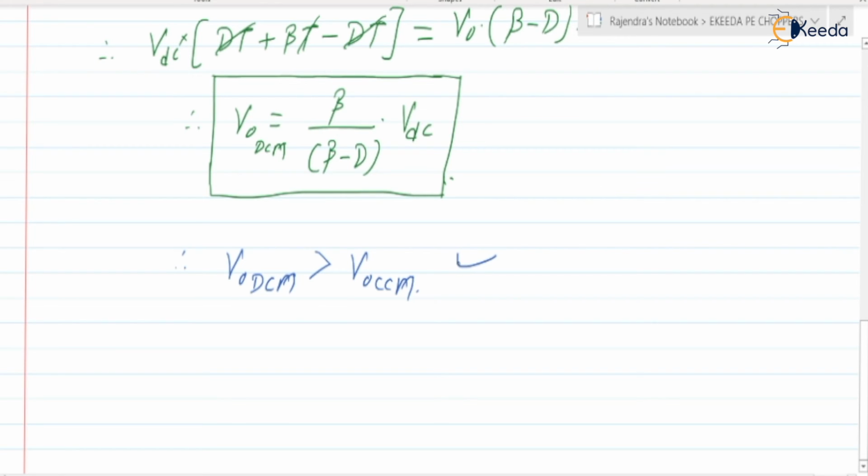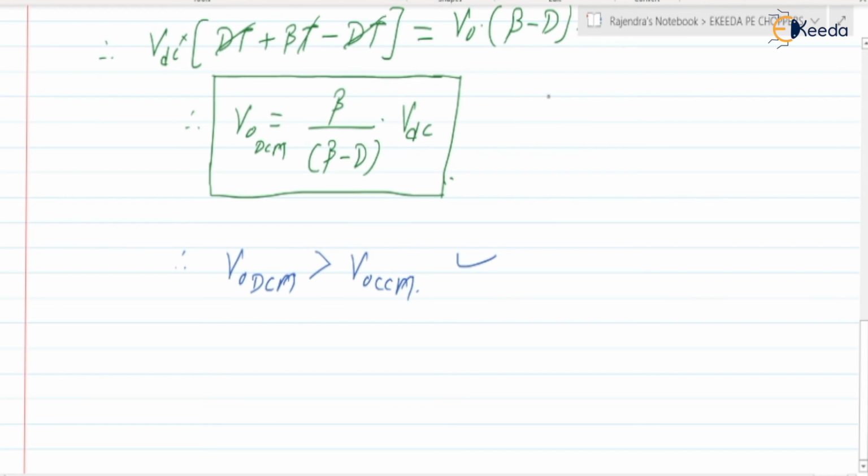Suppose for any example, if they directly give the output voltage of the boost converter, and give you the duty cycle D, and the relation V0 average is equal to 1 upon 1 minus D into Vin does not match, the meaning is the conduction is discontinuous. That relation is valid only for continuous conduction, right? Are you getting the point?